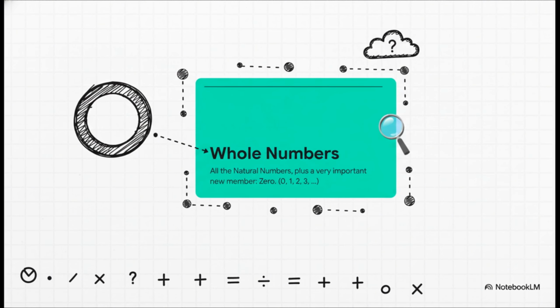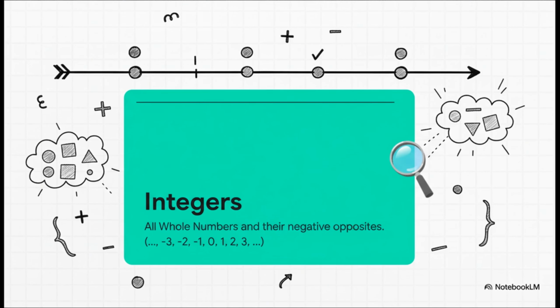But believe me, adding the concept of nothing was a huge, massive leap forward for math. And that brings us to the absolute heroes of our story today, the integers. So what are they? Well, integers include all those whole numbers we just saw, and their negative opposites. So just picture a number line stretching out forever in both directions. -3, -2, -1, 0, 1, 2, 3. You get the idea. The key thing to remember is no fractions, no decimals, just clean whole steps. This is the key we've been looking for.